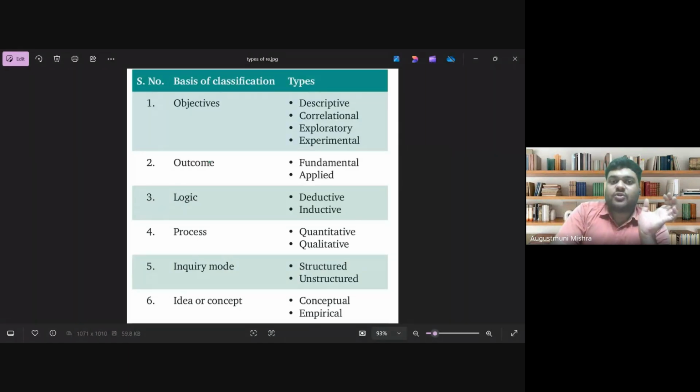When you talk about the key feature of correlation research, you can measure the degree and direction of relationship between the variables. This is a mathematical term.